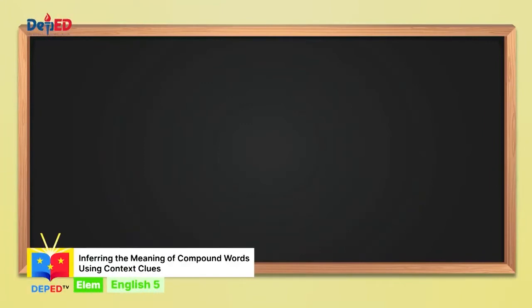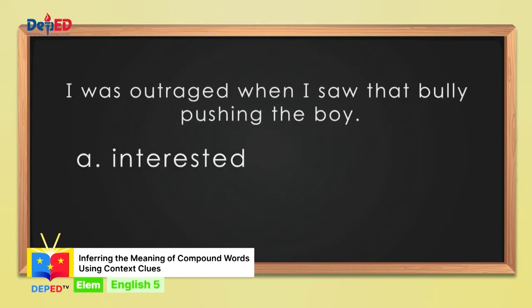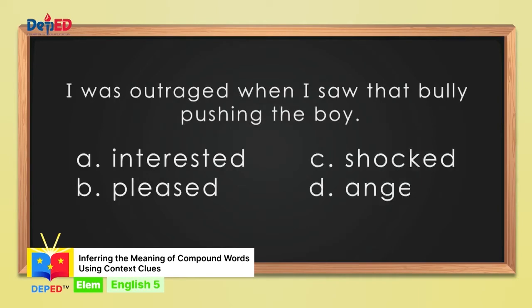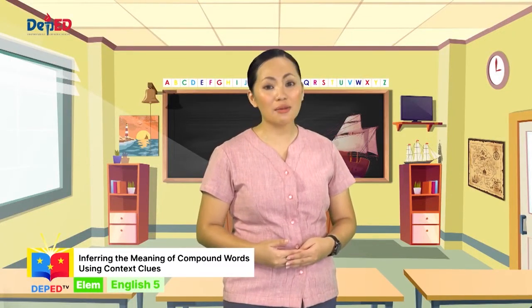The first sentence is, I was outraged when I saw that bully pushing the boy. What is the compound word in that sentence? What do you think it means? Is it A, interested, B, pleased, C, shocked, D, angered? Write down your answers and we'll check them later.